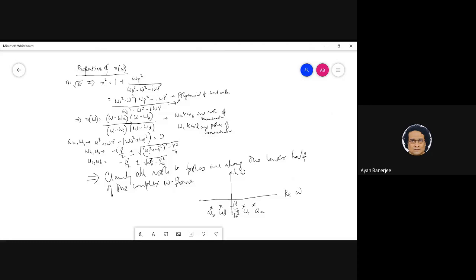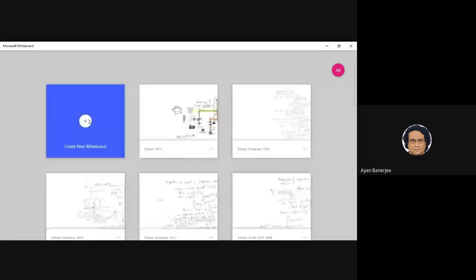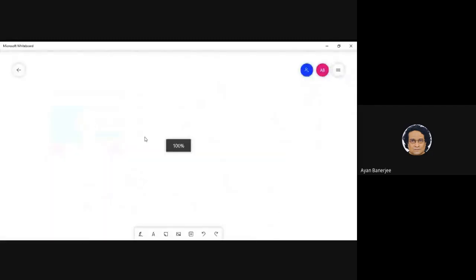That has deep consequences, as we shall show today, which tell you that for any kind of signal propagation you cannot have velocities exceeding that of light.